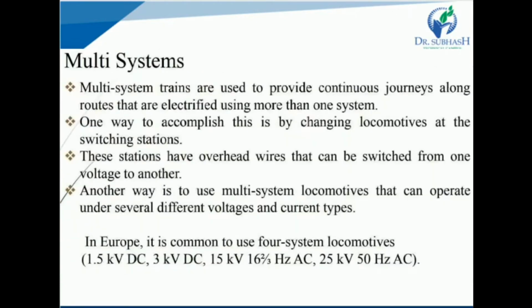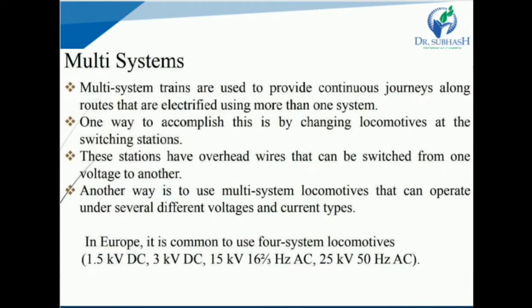Now multi-system trains are used to provide continuous journeys along routes that are electrified using more than one system. One way to do this is by changing locomotive at a switching station. This station has overhead wire that can be switched from one voltage to another. Another way is to use multi-system locomotives that can operate under several different voltage and current types.